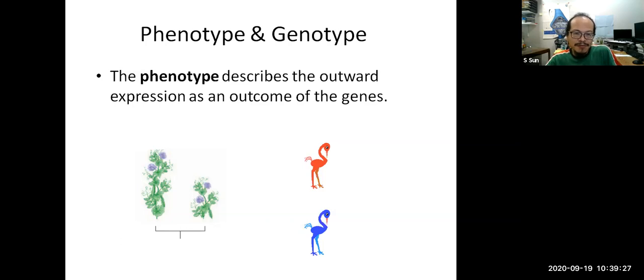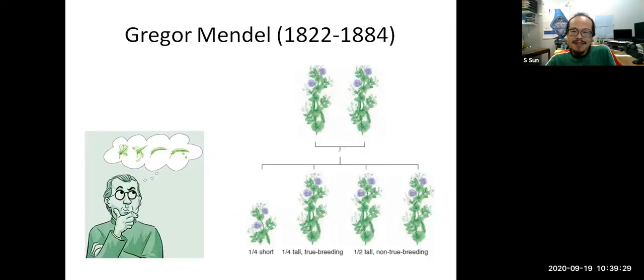But as we mentioned before, even if parents have the same phenotype, we could have offspring with different phenotypes. So how can you explain the genes in these two parents, which show the same phenotype, but the offspring apparently have a different phenotype?